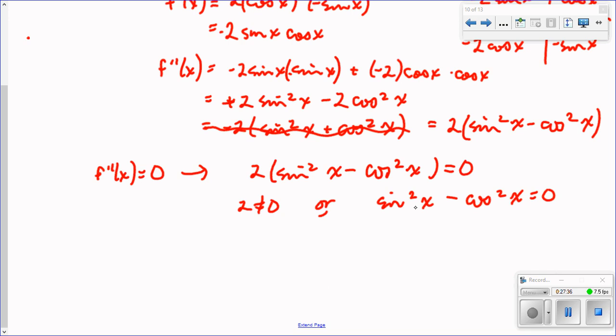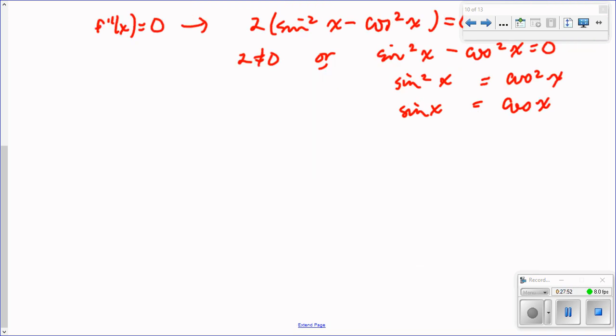Okay, and how do I solve for sine squared x minus cos squared x? I can take the square root of both sides, and I'm looking for situations here where this solution is balanced.